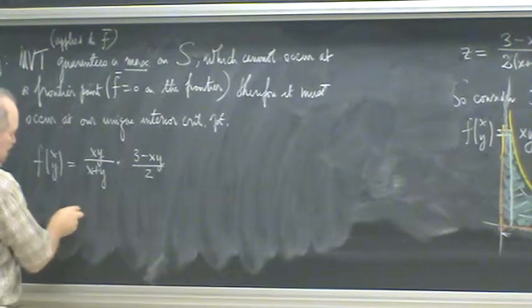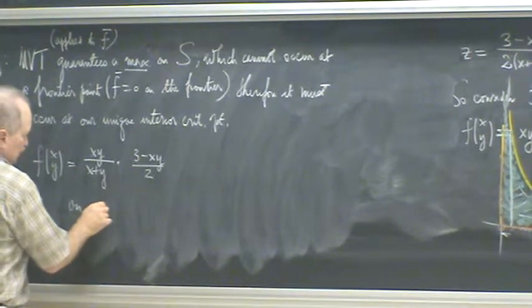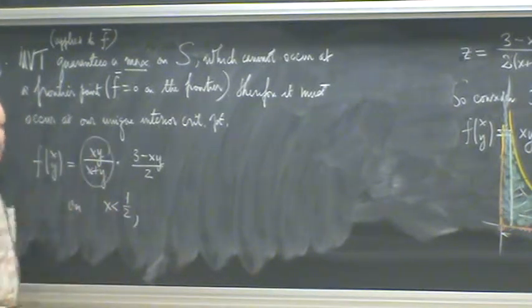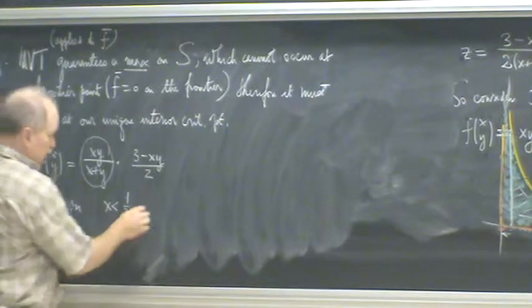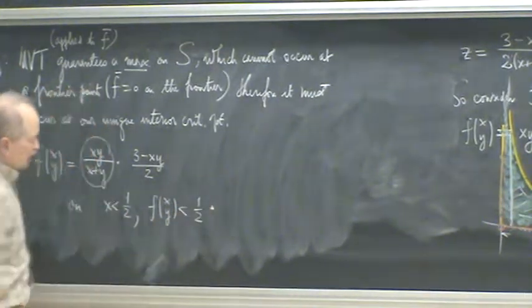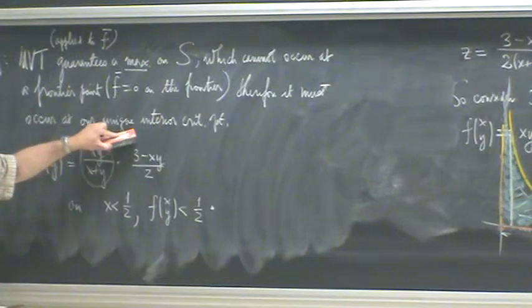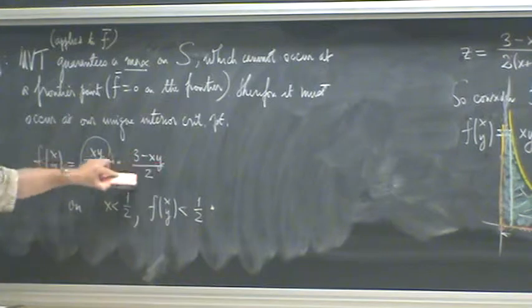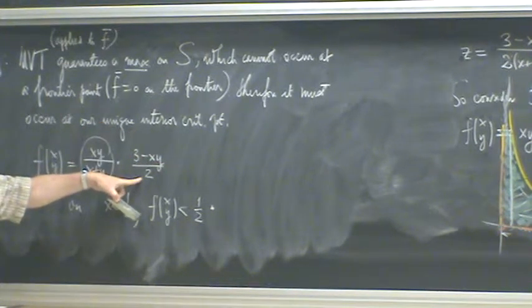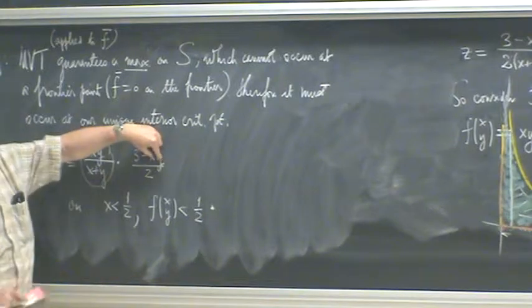So if x is less than a half, this term is less than a half. And what's the biggest this other term could possibly be? 3 halves, right, because xy could be getting very close to 0.